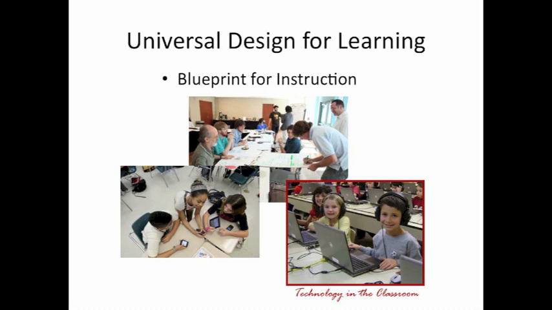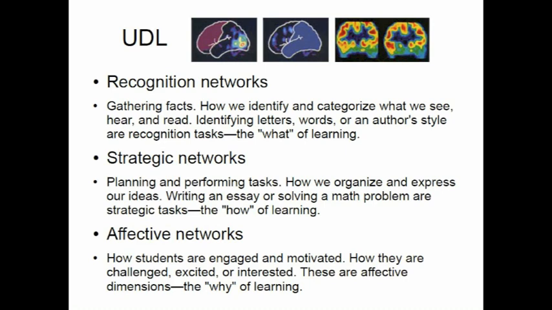It came out of the desire to provide access to students with learning disabilities, and it has grown to be accepted in the wider community as a way of using technology to reach all learners. It's grounded in the idea of neural networks. And there are 3 in particular that they talk about.